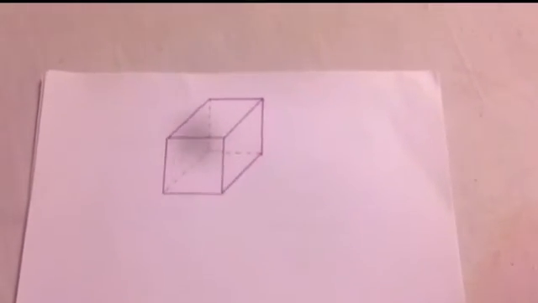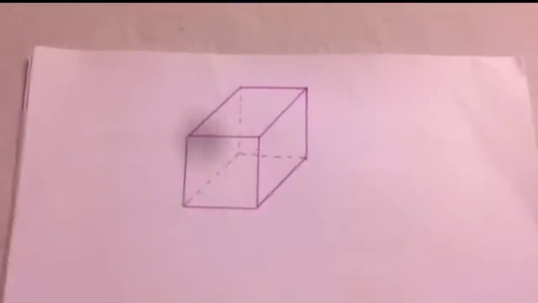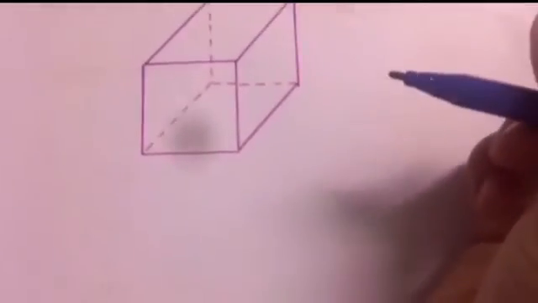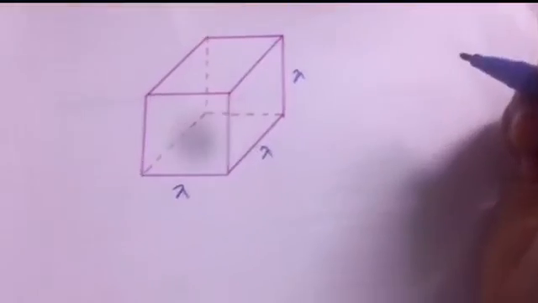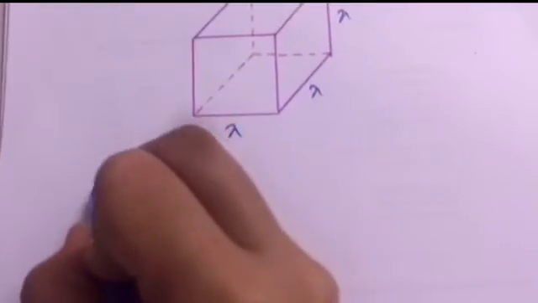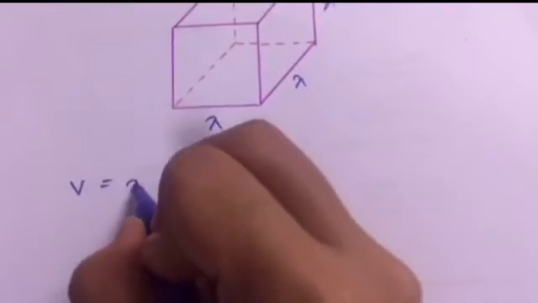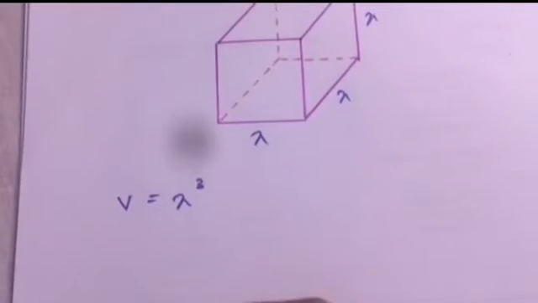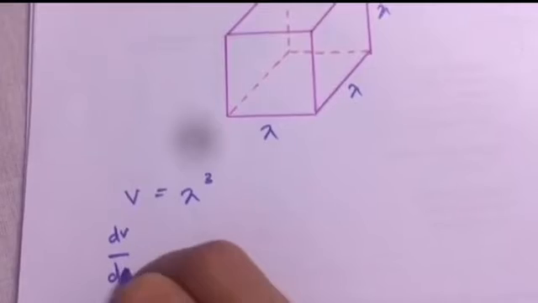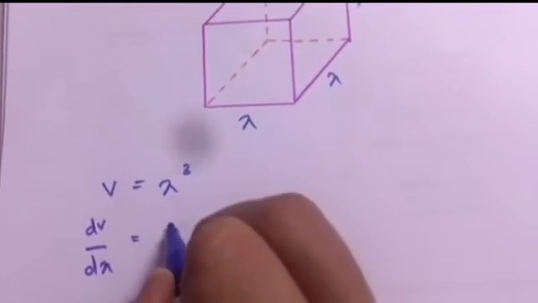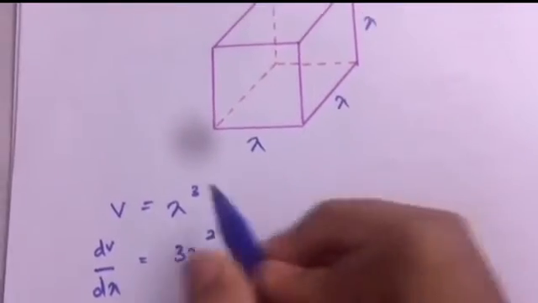I already drew the cube diagram, and as we know, the cube has the same side lengths, so I name the side as x. So the volume would be V equal to x cubed, and the differential equation would be dv over dx equal to 3x squared.